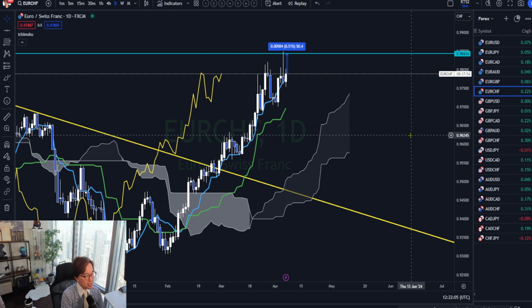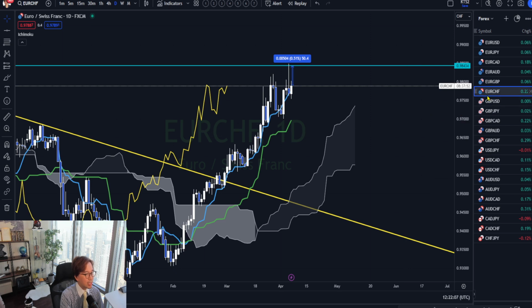So for example, I just happened to find the Euro-Swiss franc daily time frame, and this one is bullish. It's an uptrend because, as you know, I use Ichimoku Kinko Hyo as one of my main tools. As you can see in this market, the Kumo shape is getting thicker and bigger, and that means this is stably bullish in the long term.